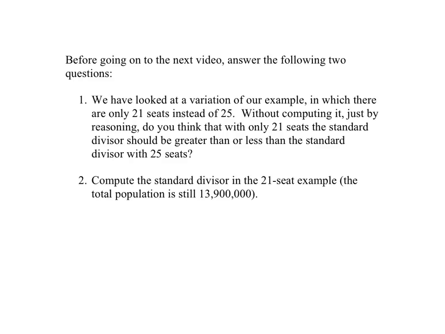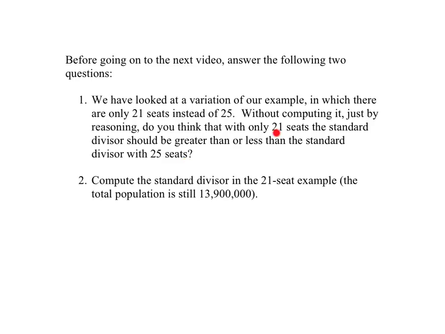Before going on to the next video, answer the following two questions. We've looked at a variation of our example in which there are only 21 seats instead of 25. We did that earlier. Before you even compute it, just by reasoning, do you think that with only 21 seats instead of 25, that will make the standard divisor greater than or less than it would have been with the original 25?